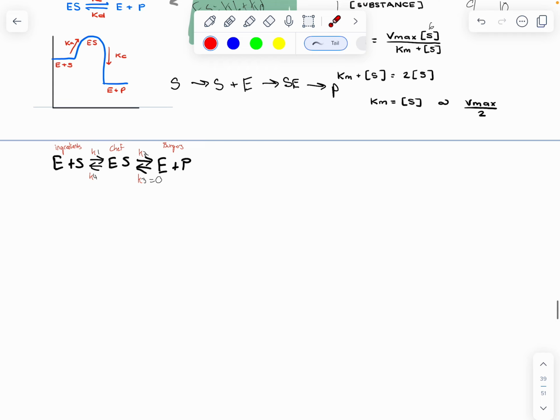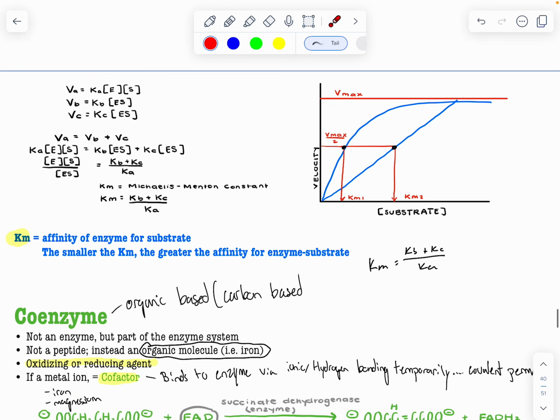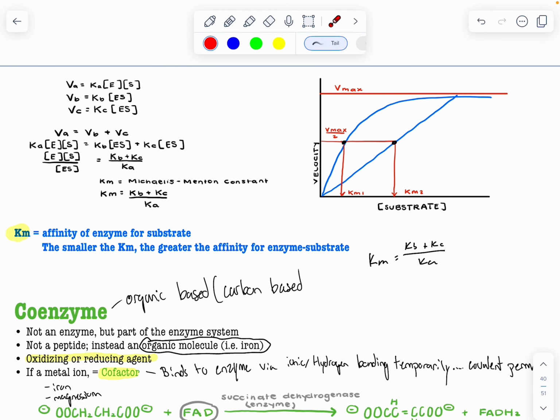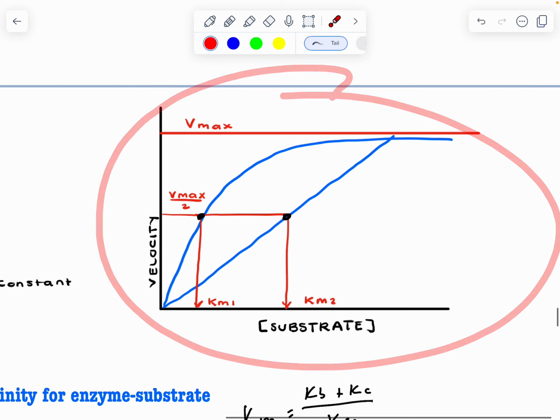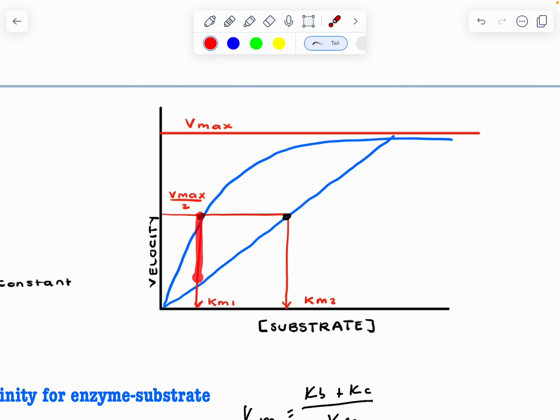All right, a lot of talking. We're getting there though. And basically this is just a good review of maximum velocity charts. So we can see right here that our Km is significantly less than our Km2 over here, which means we don't need as much substrate to get to our Km.